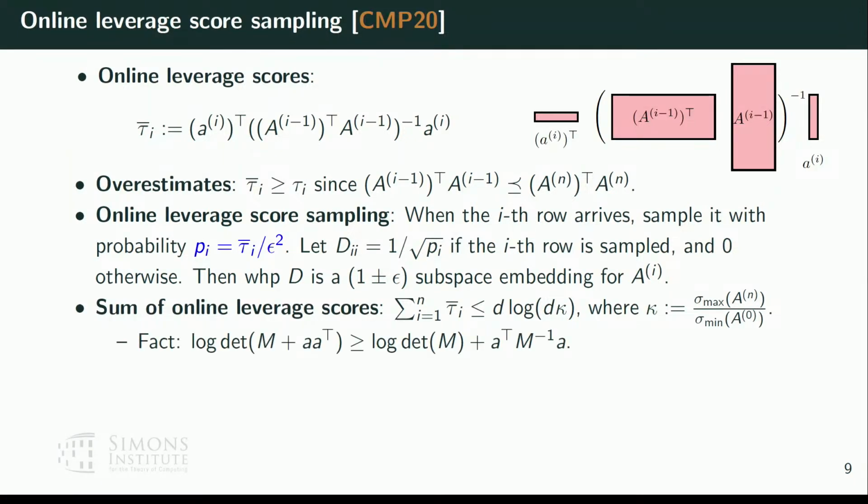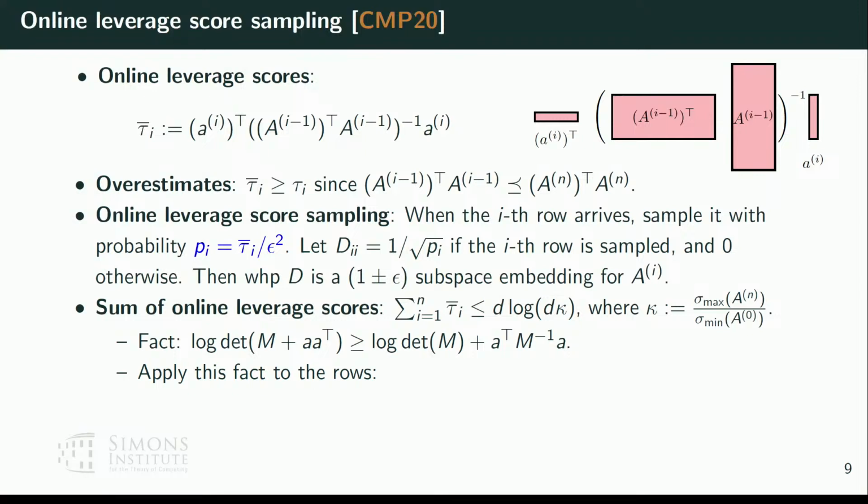Okay, and the proof is actually pretty simple, so I can cover it in this space. They just use this matrix fact, which says that the log det of some matrix M with a rank 1 change is larger than the log det of the matrix M plus this a transpose M inverse a.